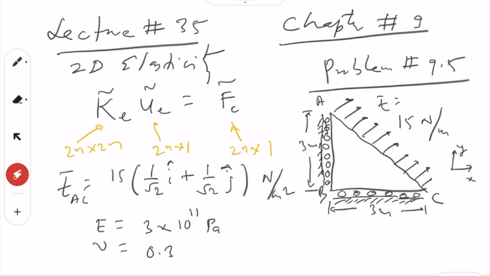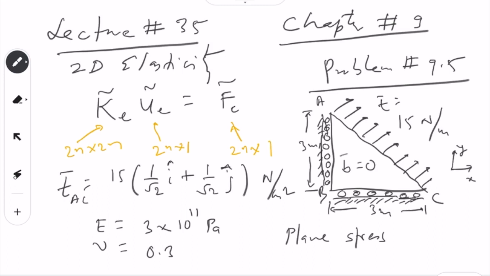You can assume this to be a plane stress problem, so assuming plane stress, we are going to solve it. Also notice that there is no body force, so B is equal to 0.